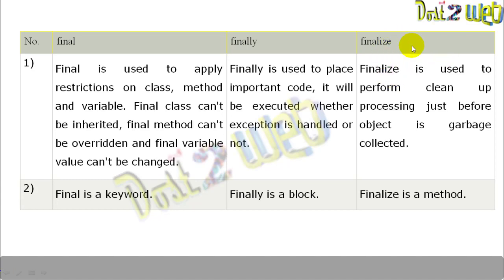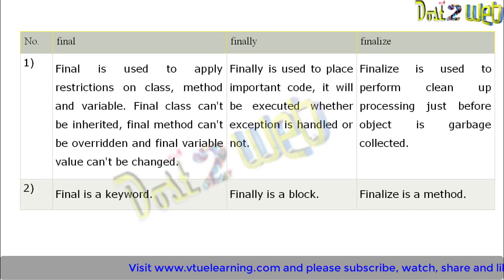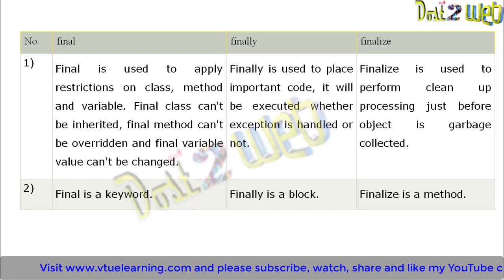We have used finalize also. Finalize is used to perform the cleanup process, like garbage collection. If you remember, in exception handling, suppose you want to delete memory, it should be deleted automatically. Generally Java has a mechanism which deletes the garbage, but if you still want, you can use the finalize method, and using that the memory will be cleaned up.